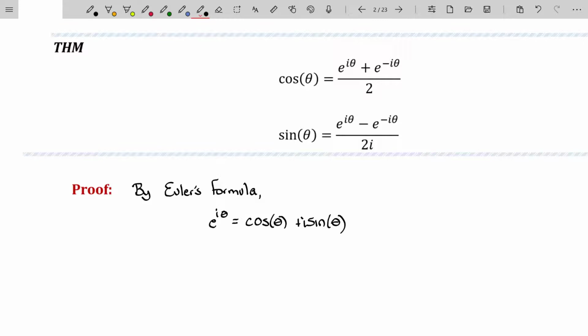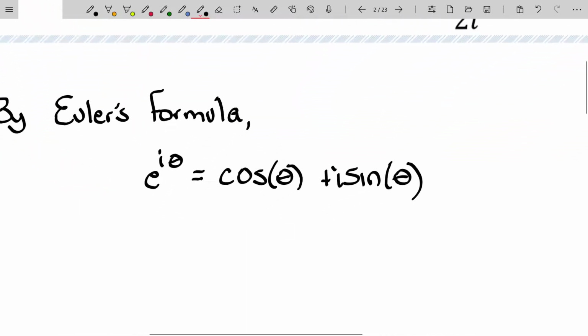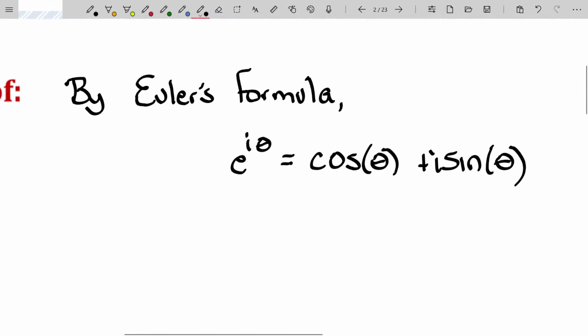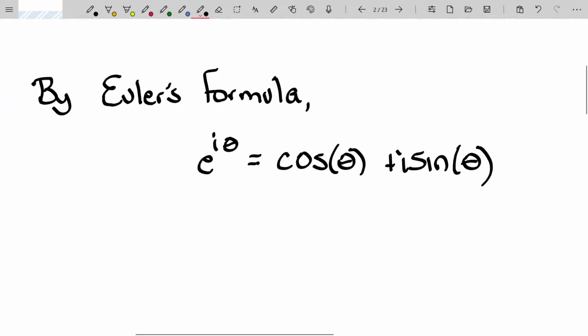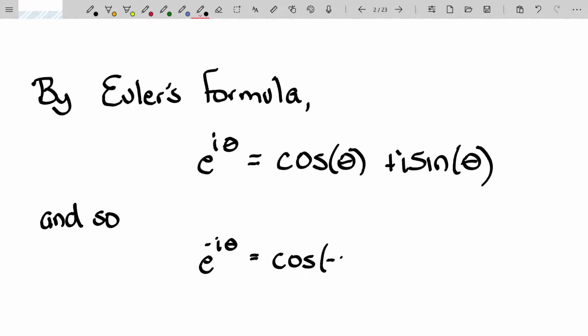So proving this, by Euler's formula, e to the i theta is equal to the cosine of theta plus i sine of theta. Well, we're going to modify that slightly. We're going to let our angle be negative theta. And so if we allow the angle to be a negative theta, you'd have cosine of negative theta, this is just a simple substitution, plus i sine of negative theta.